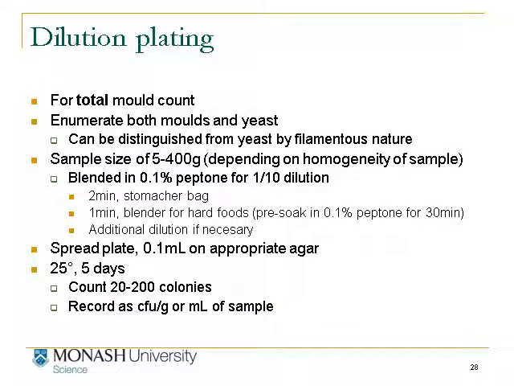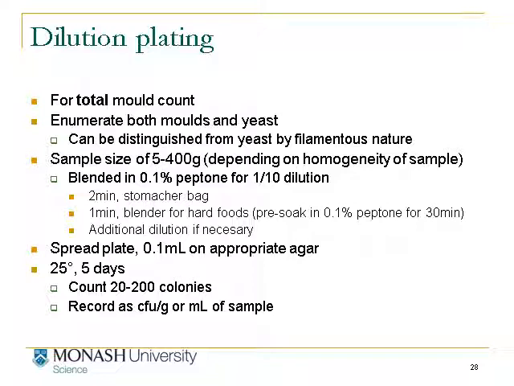After that, we spread plate on the appropriate agar media and we incubate, and colonies that grow between 20 to 200 will be counted and recorded as CFU per gram or per mL of the sample.